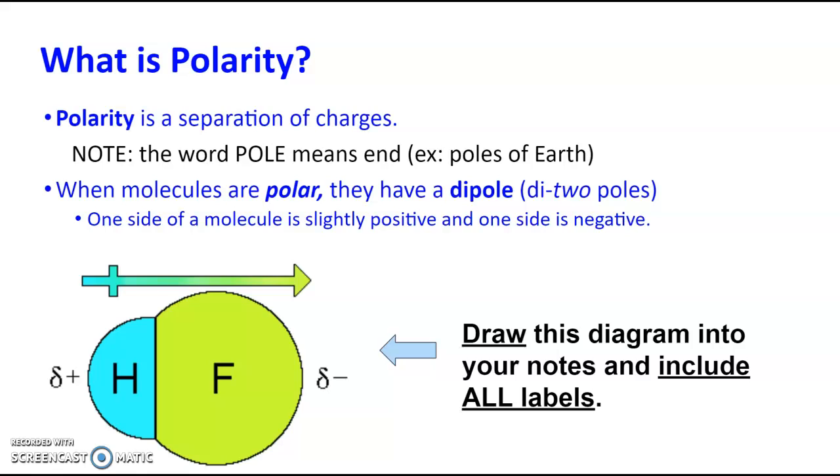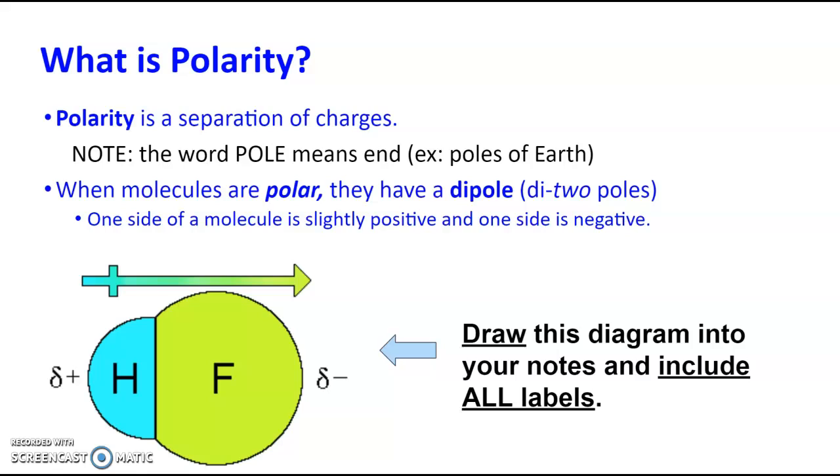Polarity is actually much simpler than it sounds. It's just a separation of charges. And so pole actually means end. That's why we have the poles of the Earth, the North Pole and the South Pole. When molecules are polar, they have what we call a dipole, di meaning 2, pole meaning pole.